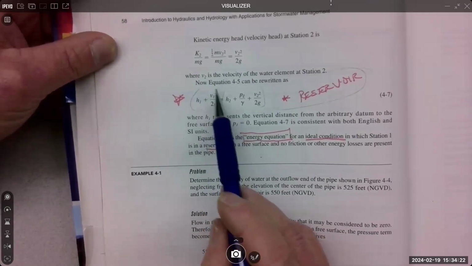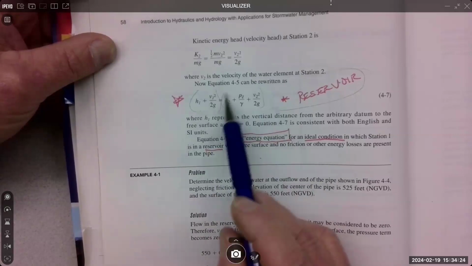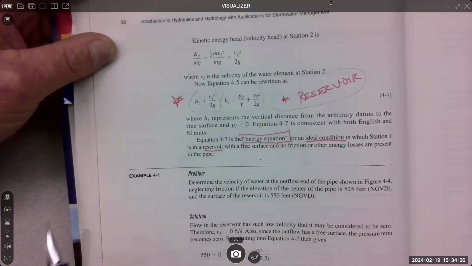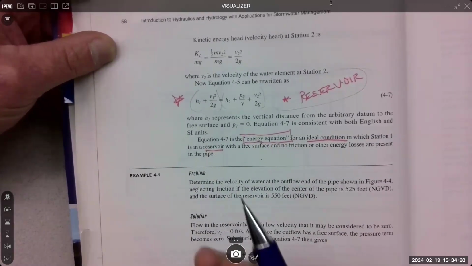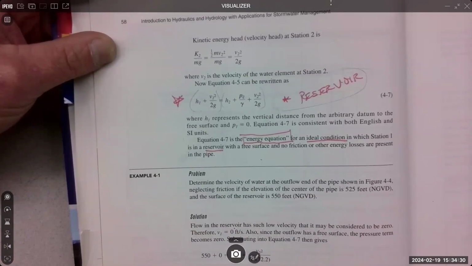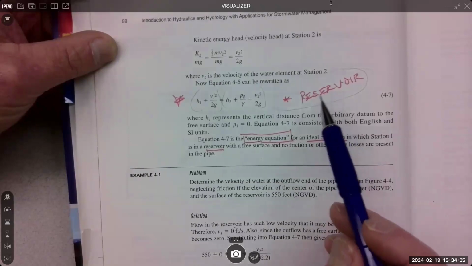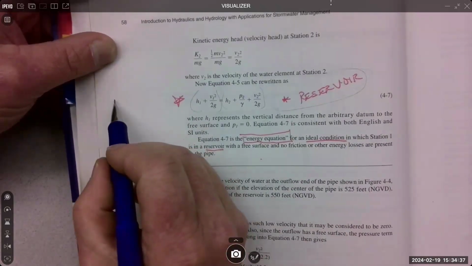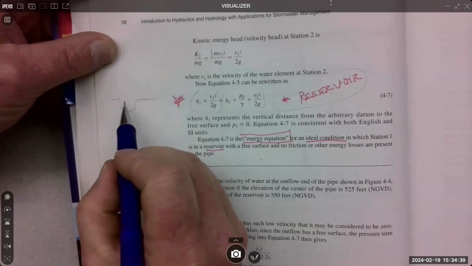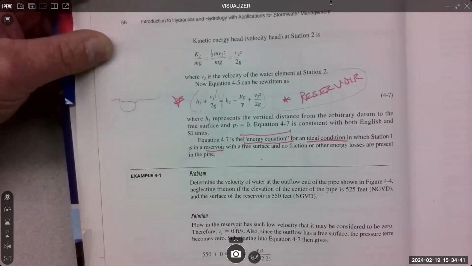So the energy input into a system is equal to the energy that is output. We just have to figure out what is the input and what is the output and what drops out. For example, a reservoir is just an open body of water, right? That's a reservoir.